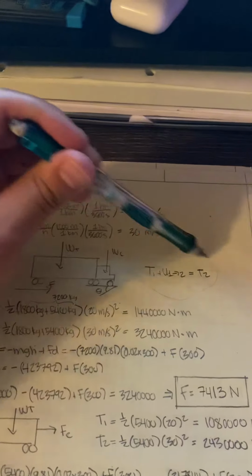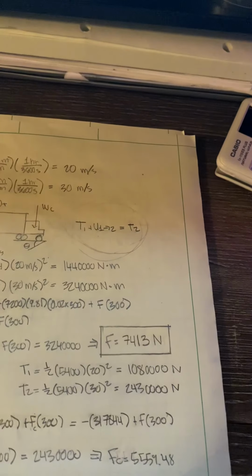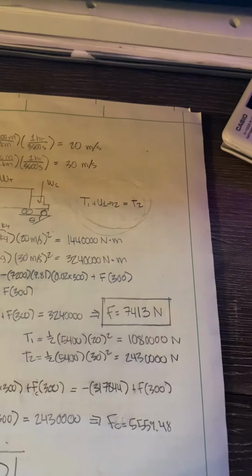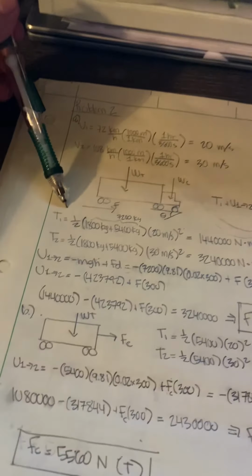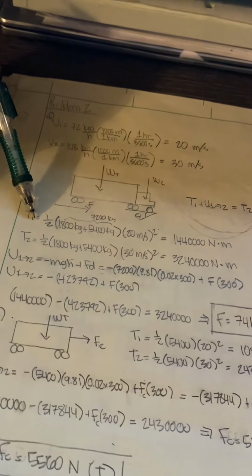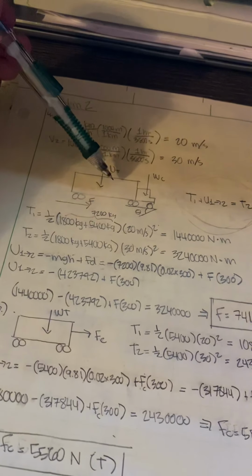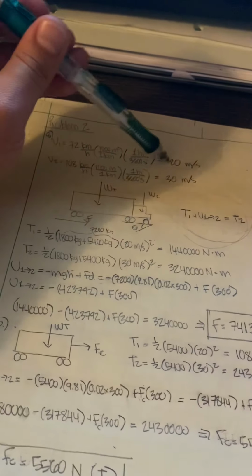We have this equation, sorry, I'm having a brain fart right now, the energy equation, to figure out our problem. So the principle of work and energy equation. So we do at 1, T1 is 1/2 times the mass of both the trailer and the cab times the velocity at 1, which is given to us in the problem statement.